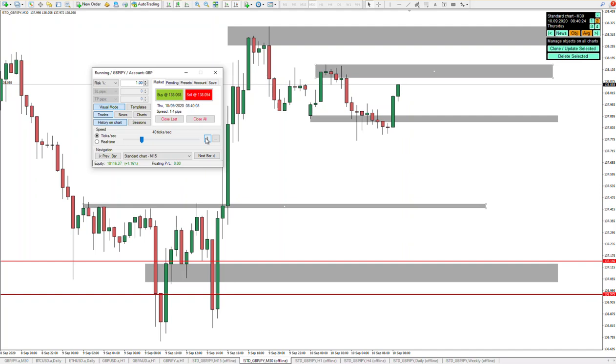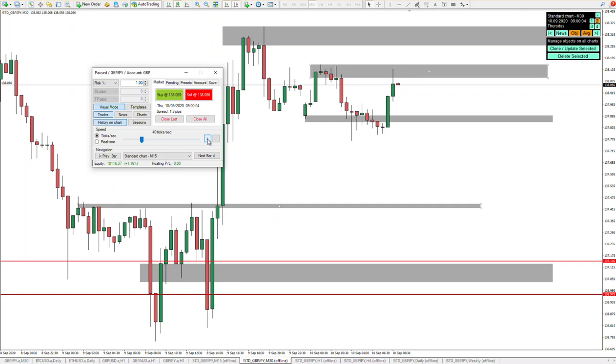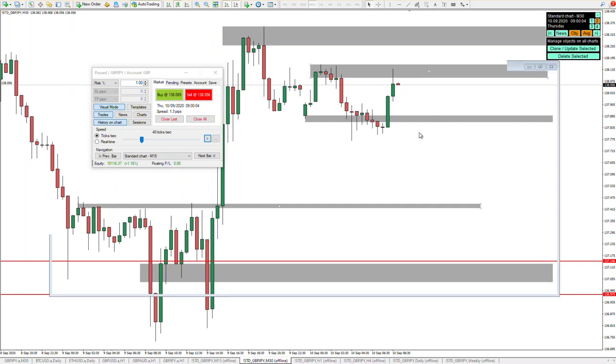Keeps on going up. We are still before Frankfurt Open. I want to see the M30 closing. Wow. Okay, the hourly closed bullish.